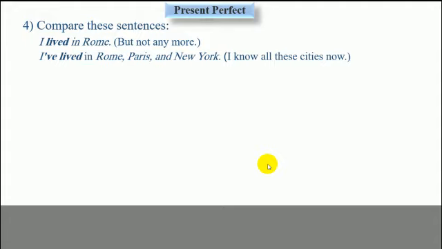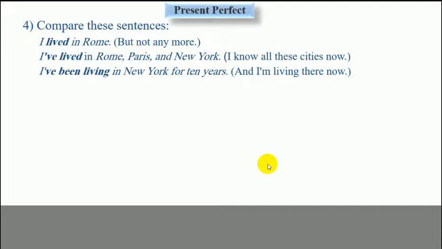I know all these cities now, so I have lived in Rome, Paris, and New York. I lived for a short time in the past in Rome, but my knowledge about these cities still continues to the present, to the current situation, okay?